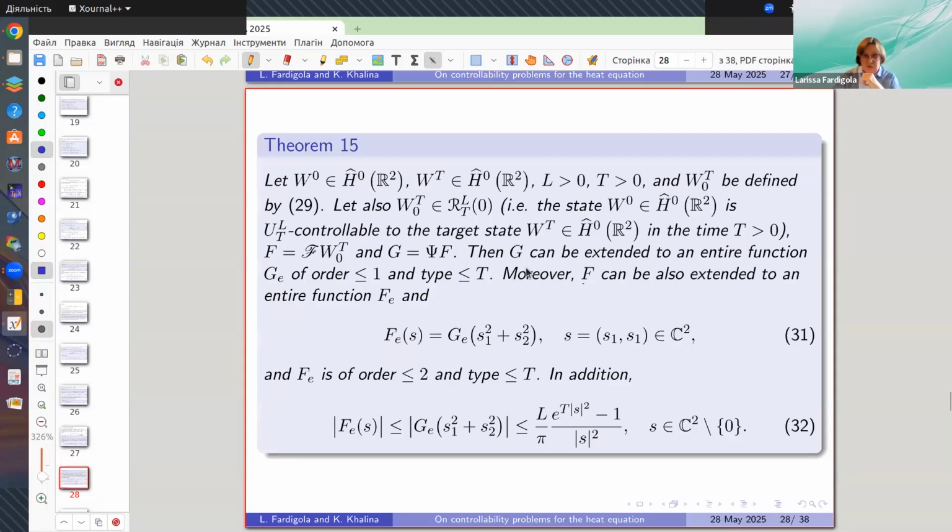Then G can be extended to an entire function GE of order not greater than 1 and type not greater than T. Moreover, f can also be extended to an entire function fe, and fe of s equals g of s1 squared plus s2 squared. And fe is of order not greater than 2 and type not greater than T. In addition, we have the following estimate.